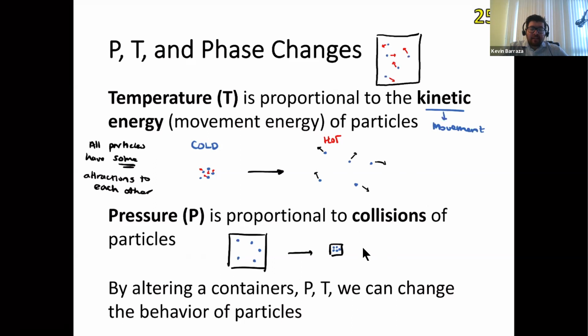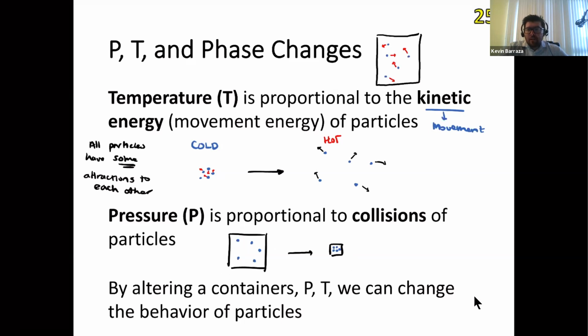The more times that my particles hit into one another, the more likely they are to stick. So if I shrink the container that they're in, I can compress a gas enough that it might turn back into, say, a liquid, where the particles are closer together, or I can turn it all the way to solid, where the particles are very close to each other.